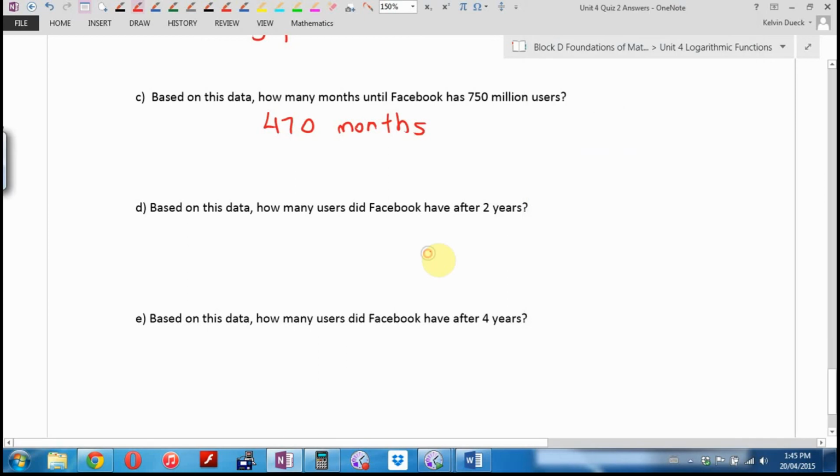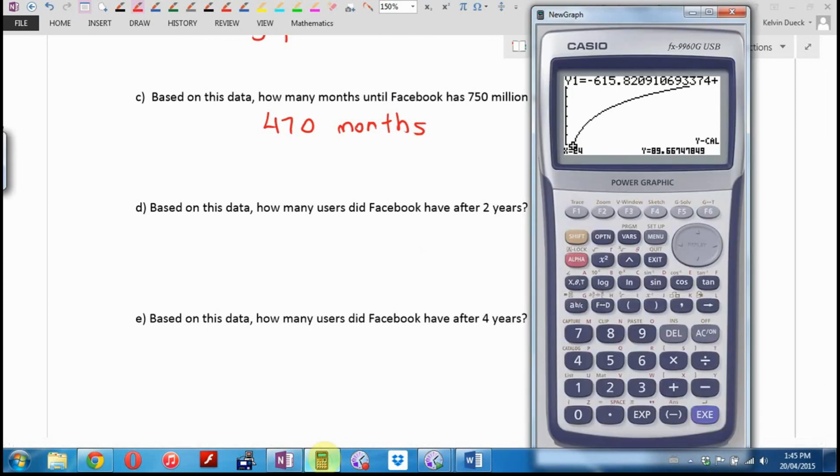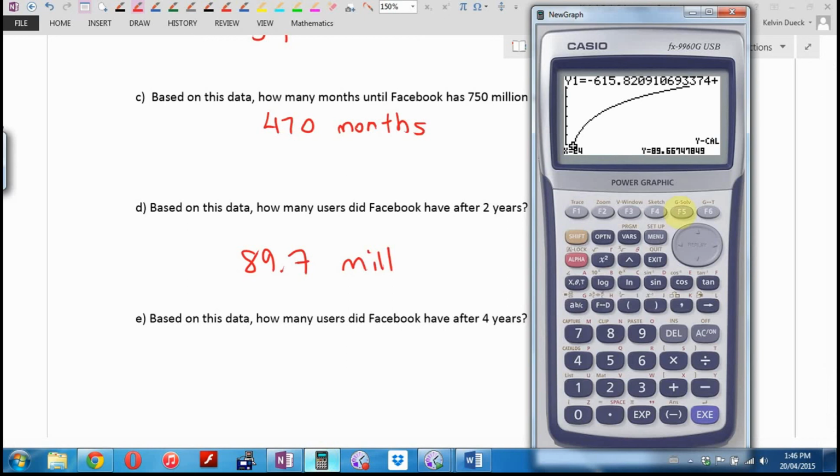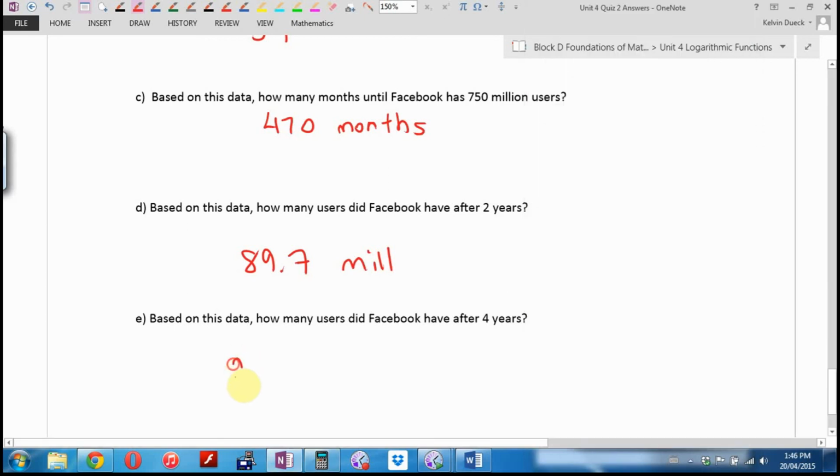Did it say what to round to? I'll go 89.7 million. If you said 80, if you said 90 million, that's fine. I didn't tell you what to round to. After 4 years, that's 48. I hope, yeah. 243.5 million. I'll call it 244 million, but I didn't say what to round to.